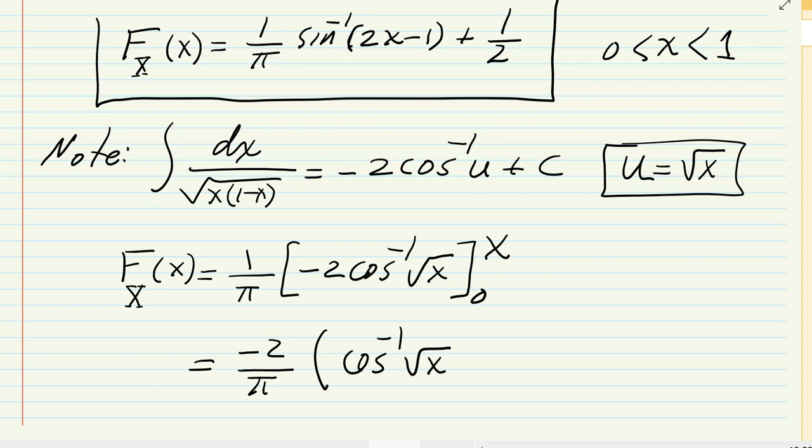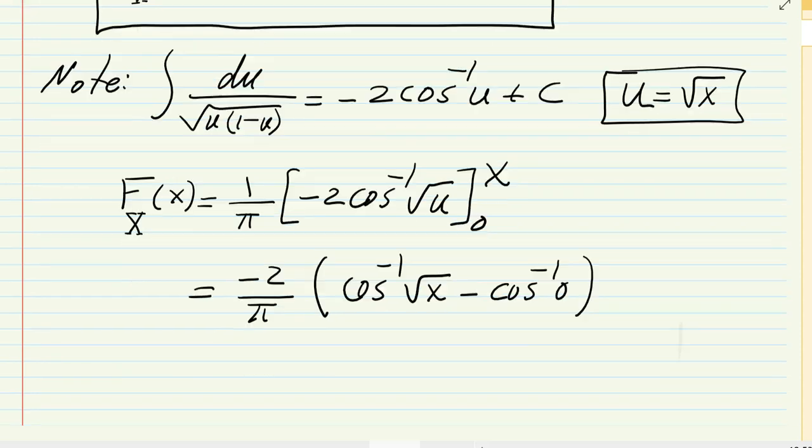Actually, hold on, I'm going too fast here. Let me tidy up this expression so it looks right. This is u times 1 minus u, and in terms of x, this would be u. All right, now it looks better. So the arc cosine of square root of x minus the arc cosine of 0.